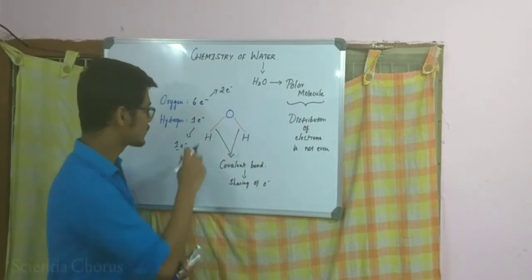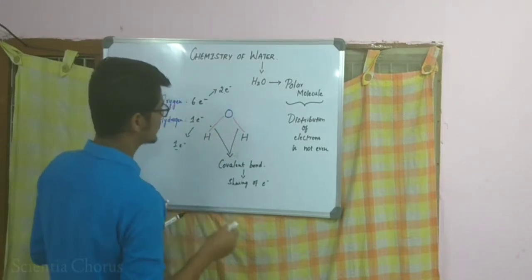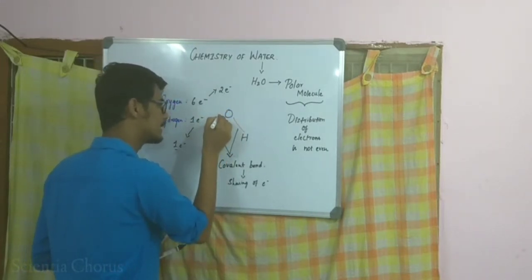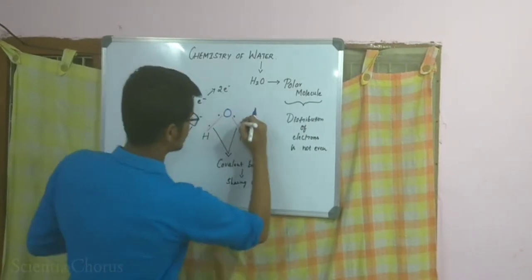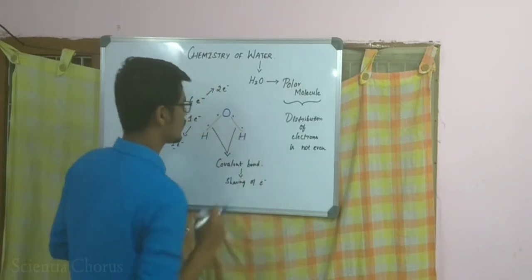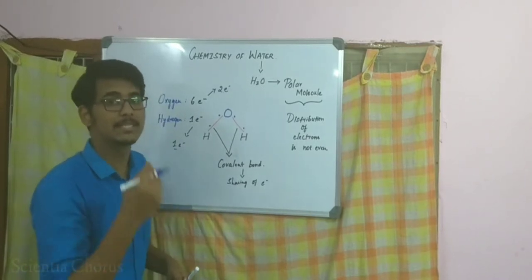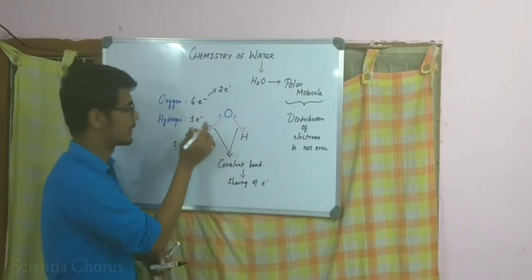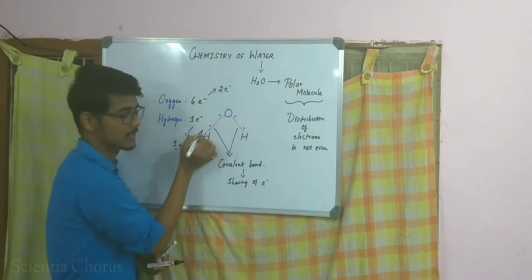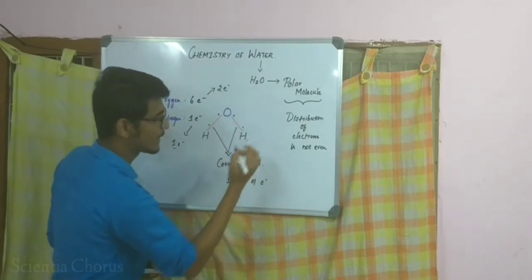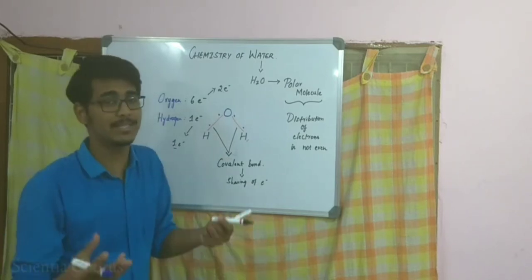Oxygen shares 1 electron from this hydrogen and another electron from the other hydrogen, so that it gains 2 electrons and gains stability.